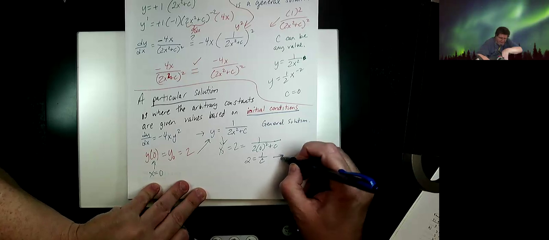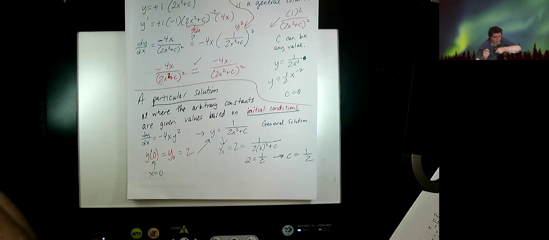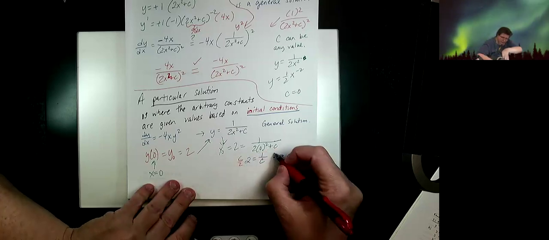And this is going to lead us to c equals 1/2, which you can see if you just multiply both sides by c over 2.